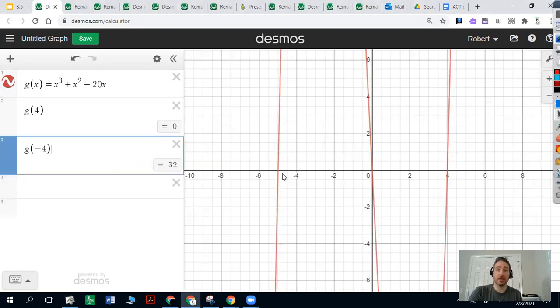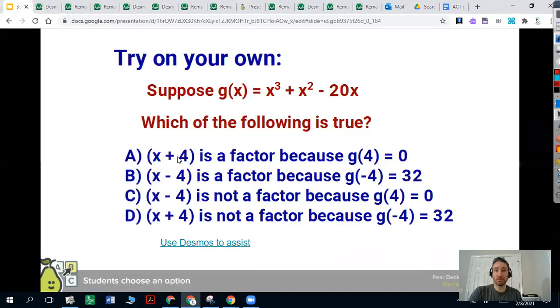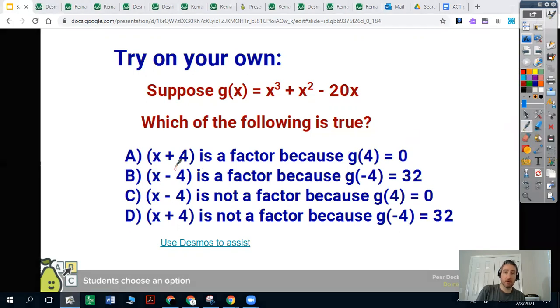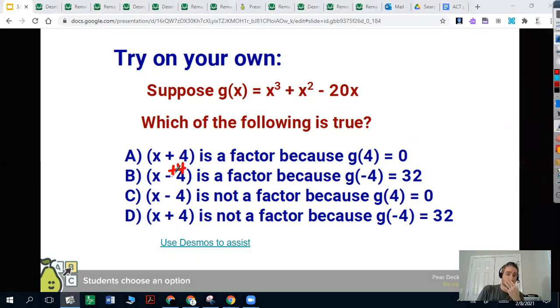It aligns with the factor x plus 4, or the expression x plus 4. So you have to have the opposite sign. So you would say g of 4, not g of negative 4, when you're referring to the expression x minus 4.